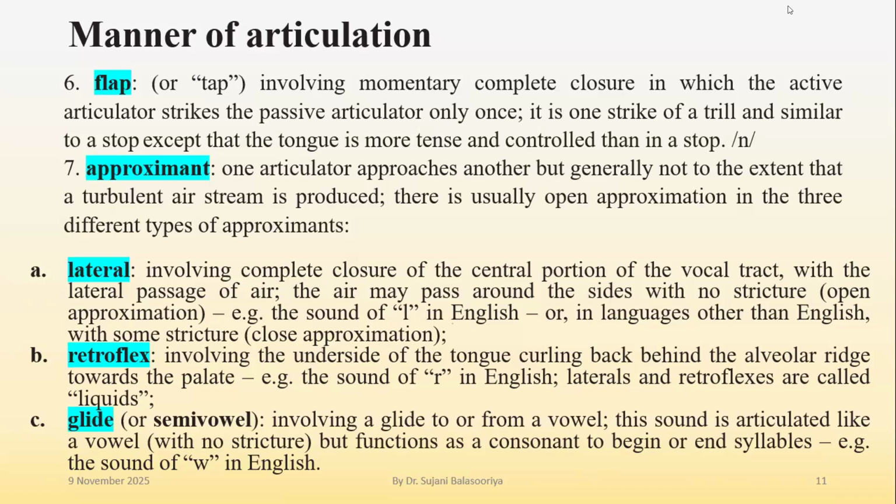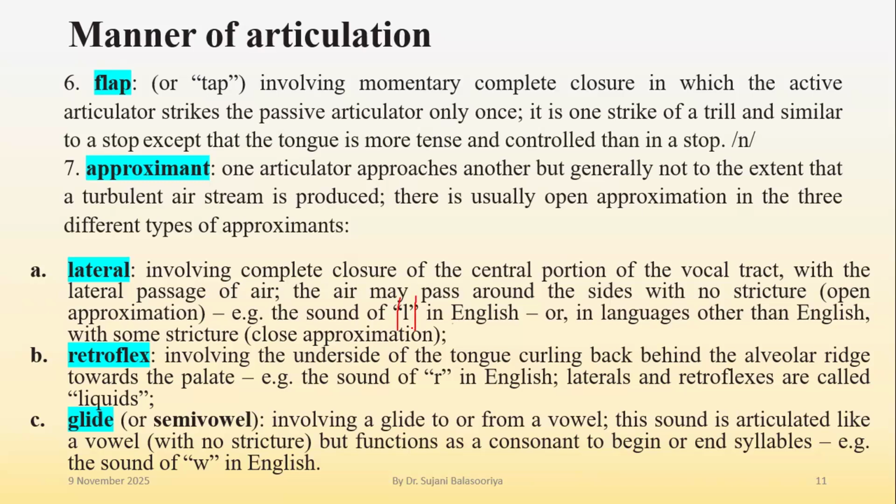What does happen in lateral? There also we talk about completely blocking the airstream, but the way we do it is a little bit different from the others. Right? Okay. There's only one example of a lateral consonant, that is L, the sound of L in English. So, how do you produce L?